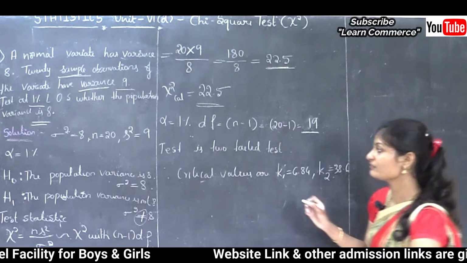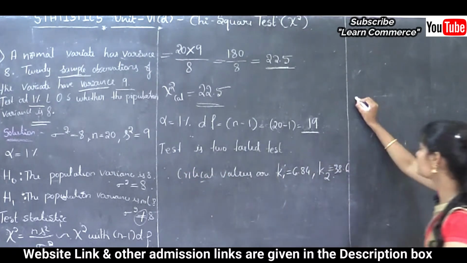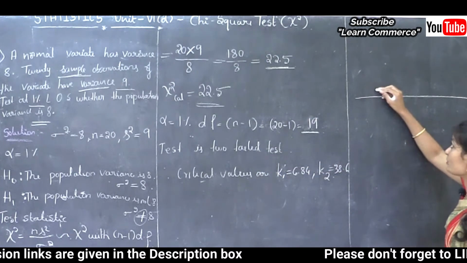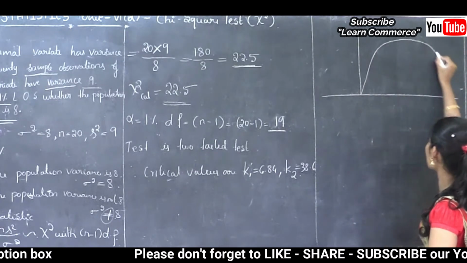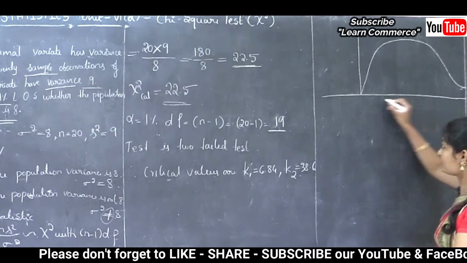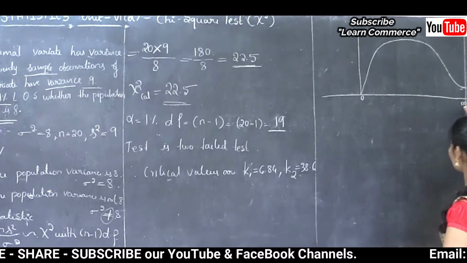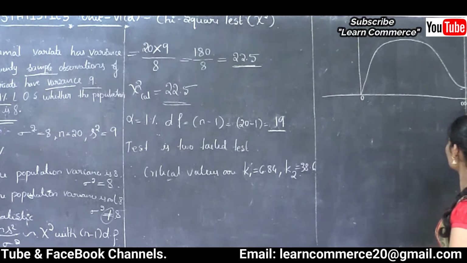This was step 4. Then step 5: this is a two-tail test, which means the rejection region is located in both tails of the probability curve. This is the chi-square test, therefore the range is 0 to infinity.